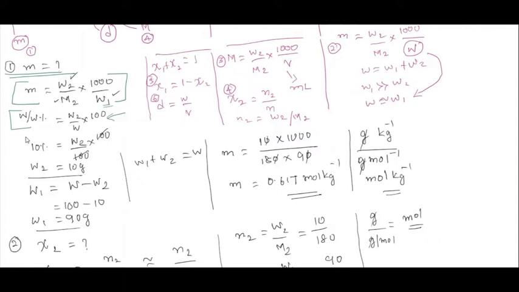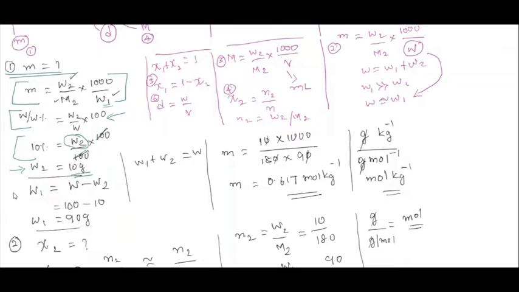We have to find out W2. Percentage means 100. So W2 is 10 gram. Just for the logic I put it, because when I say W percent is 10%, it means 10 gram. But let us have a logic so that we can accurately achieve the answer.